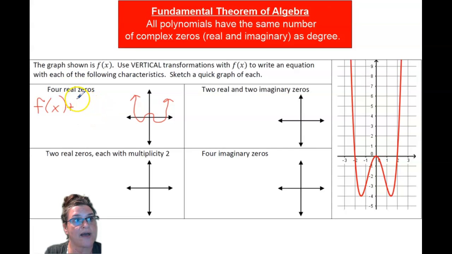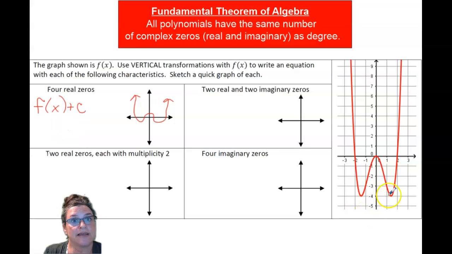I'm going to call that constant c. But I can't just add any number c, because if I go up too far, say up 6, then it wouldn't touch the axis at all. So I'm limited in what the c can be so that it would have 4 distinct real zeros.